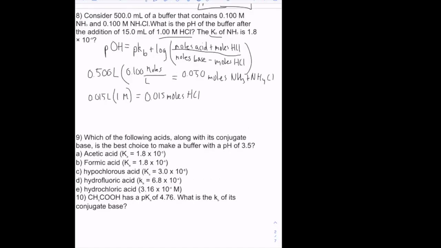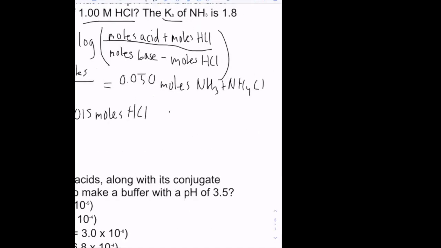We know moles of acid, moles of base, and moles of HCl. We do not have the pKb yet, but we do have the Kb. Remember, the pKb is just the negative log of the Kb. So I'm going to write that here as well. We then have that pKb equals the negative log of 1.8 times 10 to the negative fifth.